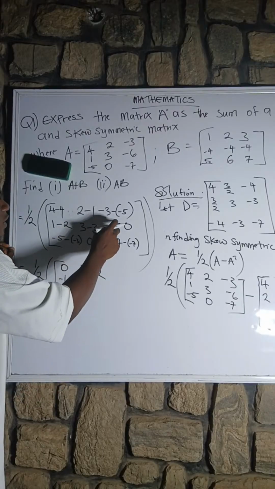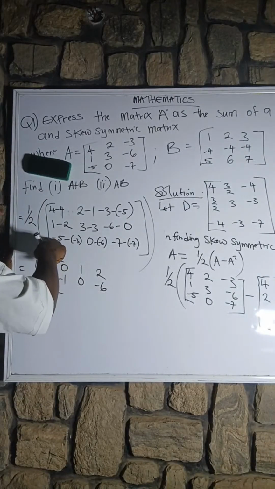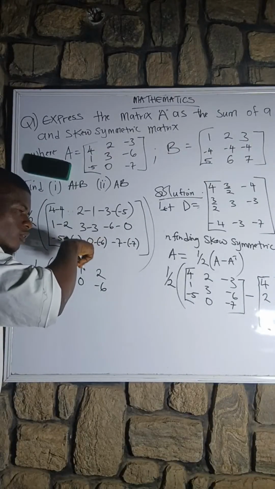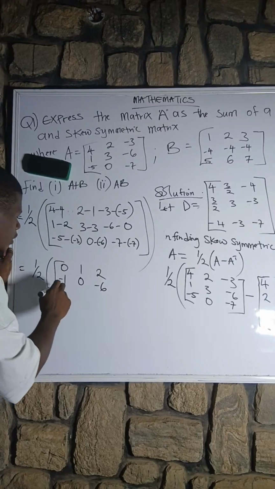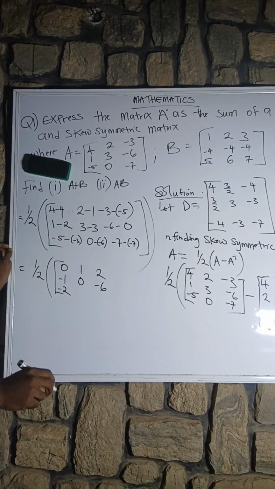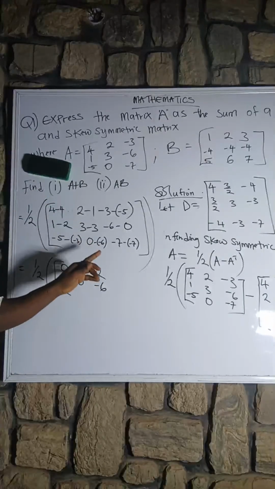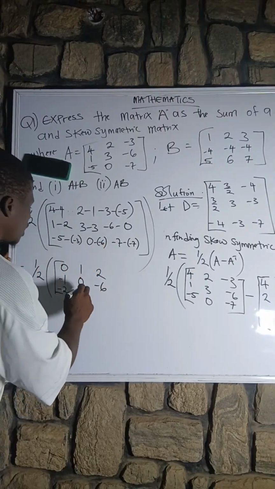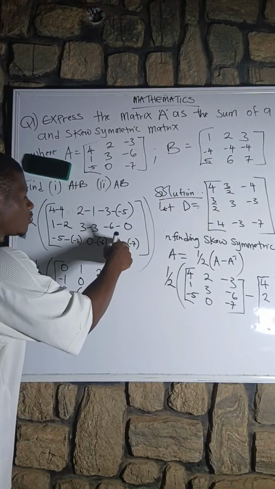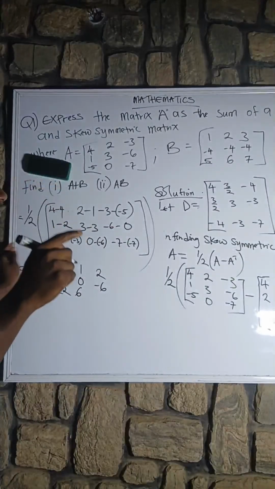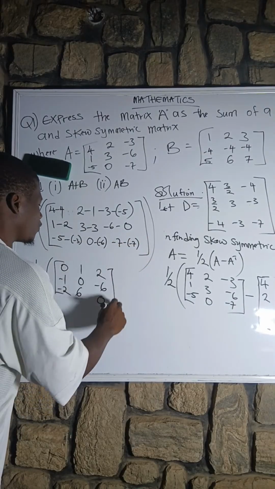Then minus 6 minus 0 is still going to give us minus 6. Then 5 minus 3, negative will give us positive. Minus 5 plus 3 is going to give us a minus 2. And then negative is going to give us positive. Then 0 plus 6 is going to give us 6. Then negative minus 7, negative is going to give us a positive. Then minus 7 plus 7 is going to give us a 0.